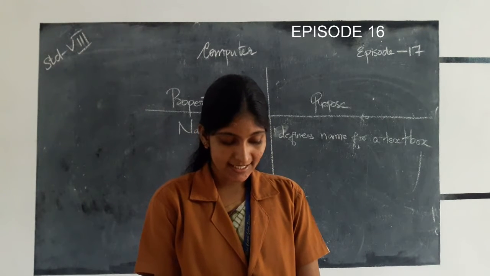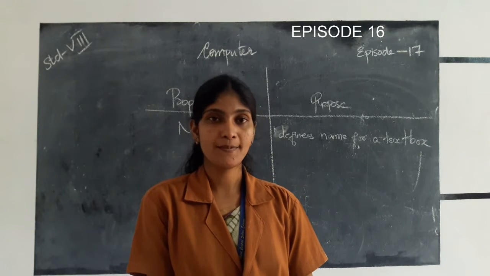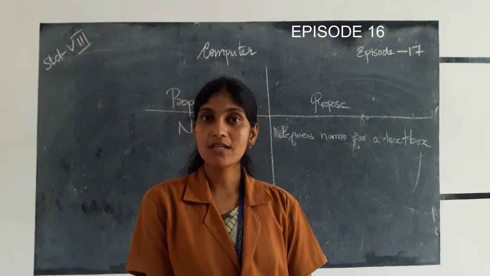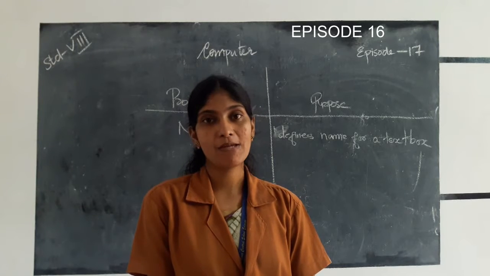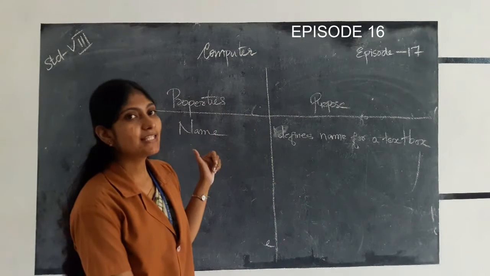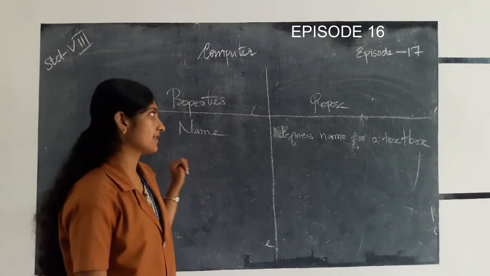Then next is alignment. We know there are 4 types of alignment: left alignment, right alignment, center alignment and justify. So alignment means set the selective alignment for the text.